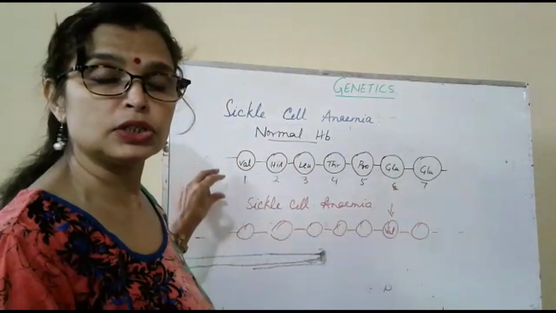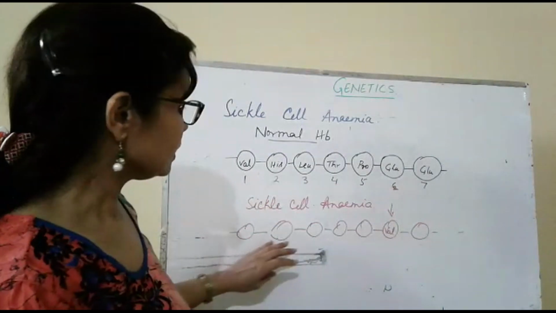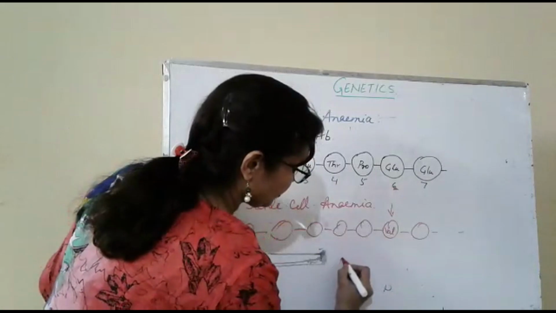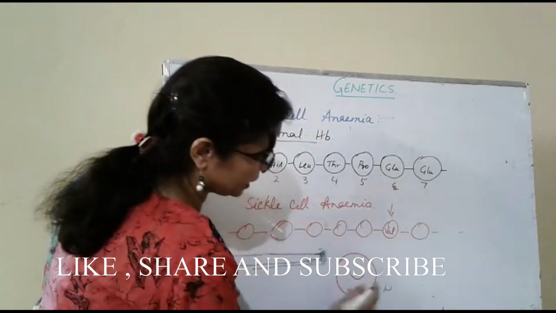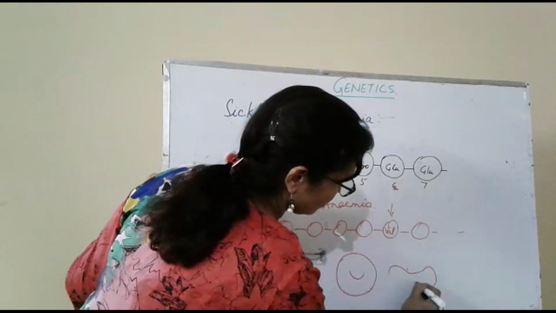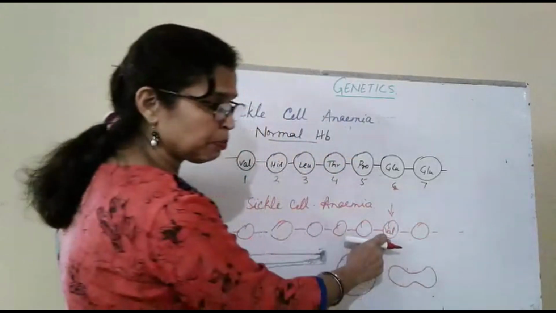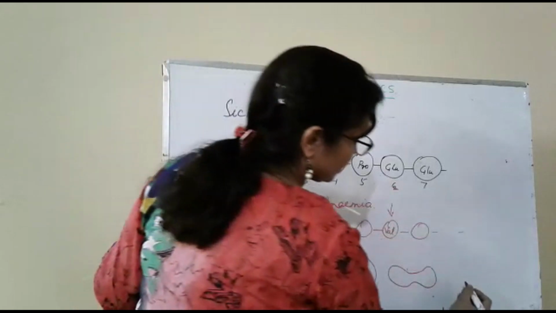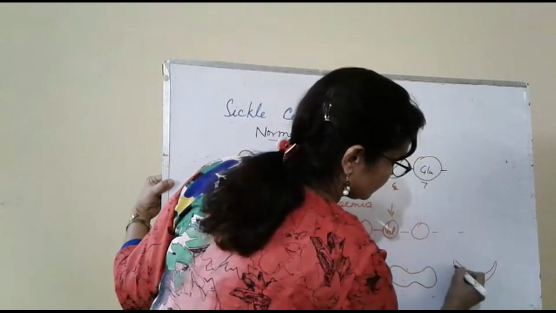Due to this mutation, one effect is that the structure of hemoglobin is changed, and the second effect of this gene is that the shape of the RBC is changed. Normally the RBC is enucleated, and inside we can see the biconcave shape. But due to this replacement of glutamic acid by valine, the RBC becomes sickle shaped.